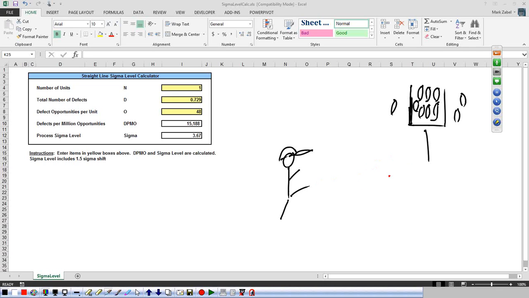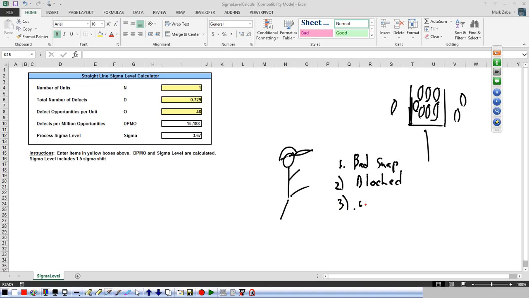What might be some of the opportunities for error that this person had? What are some opportunities that this person could have made there? It could have been a bad snap. Yeah. What else? Block kick.